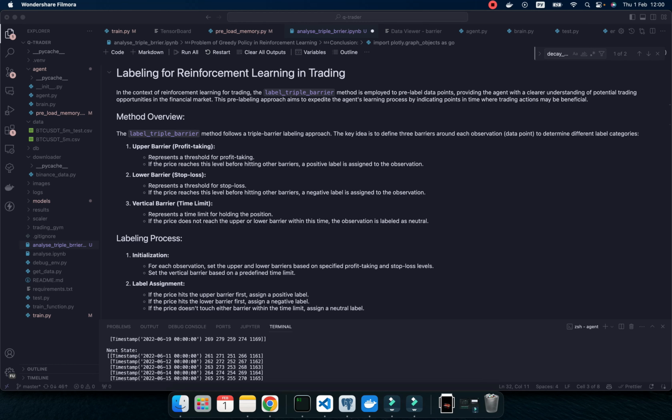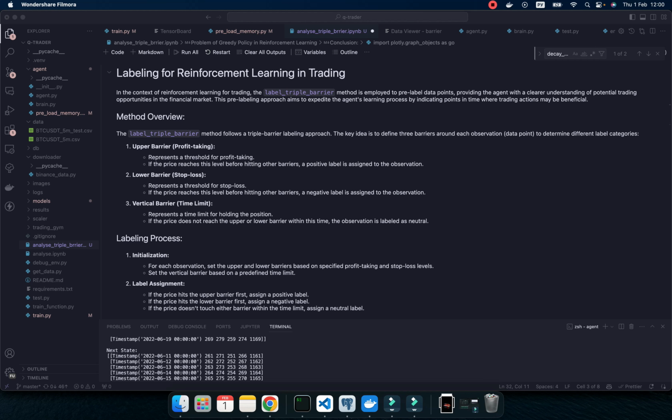As you can guess, the process where the agent finds the optimal policy can be very long. In addition, we have many problems before the algorithm begins to understand what happens with the data. In reinforcement learning for trading, the triple barrier labeling method plays a critical role in pre-labeling data points, expediting the agent's learning process in the financial market. This method employs a triple barrier approach, defining profit-taking, stop-loss, and time limit barriers around each observation.